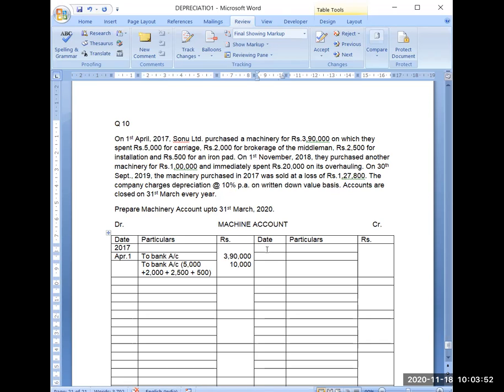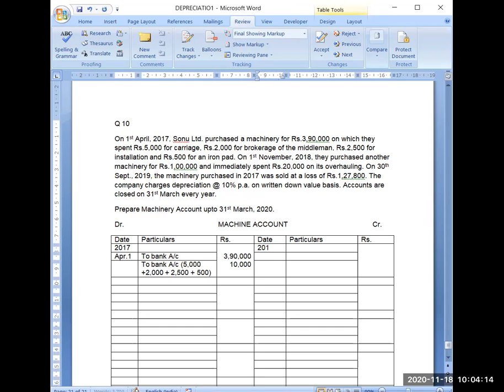Now this is the year 17-18. So you can also note that 1st November 2018 will be a date in next financial year 18-19. It will not be a part of this year, and that's why we will not record this transaction here. So we have only one transaction in this year.